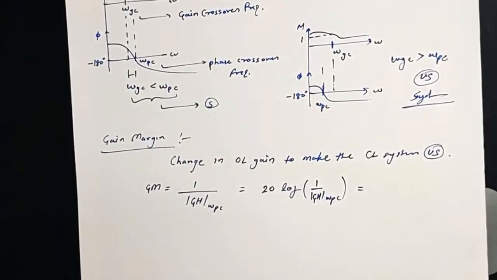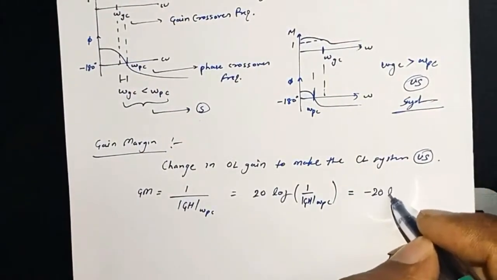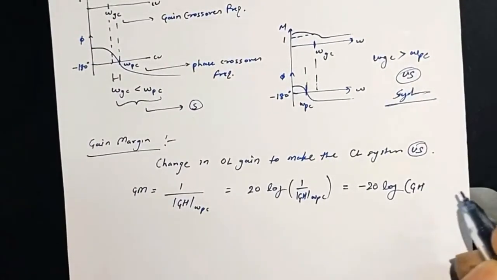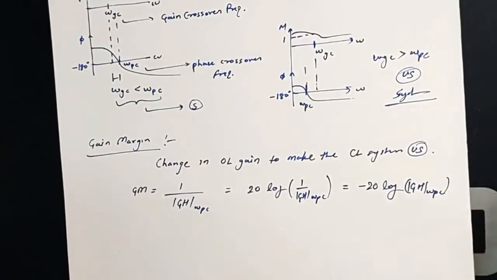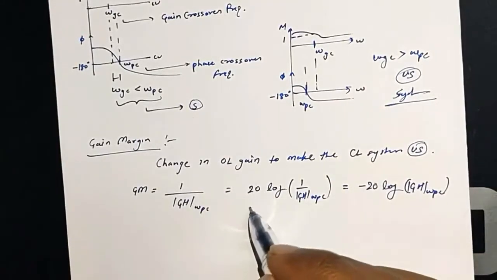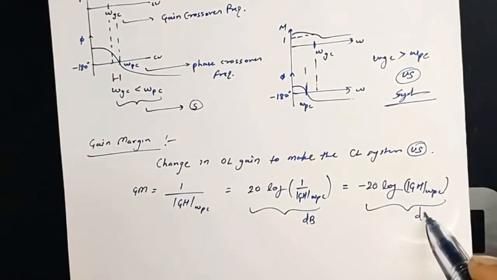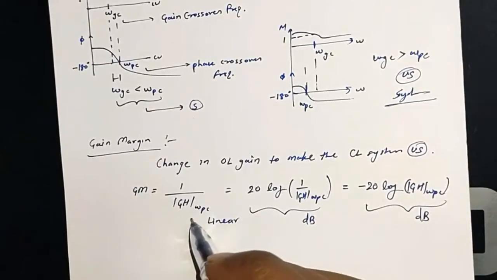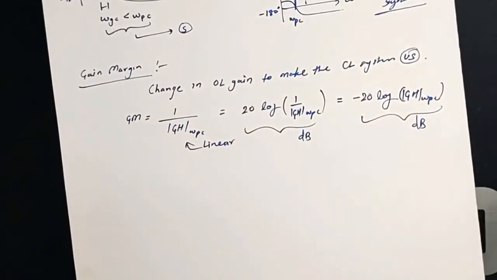So this will be equal to minus 20 log of the magnitude of system response at phase crossover frequency. Okay, so these two are in dB, and this is linear.